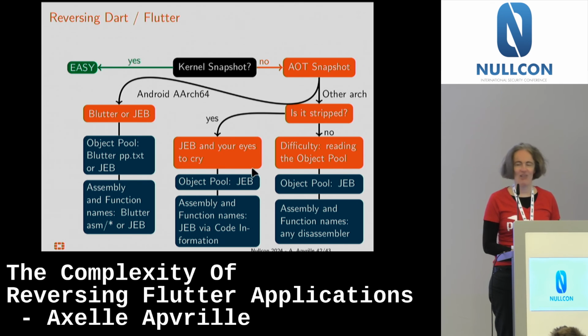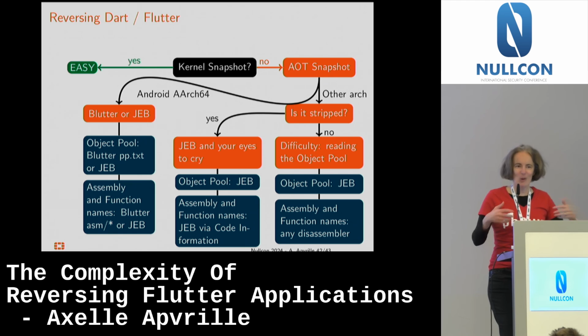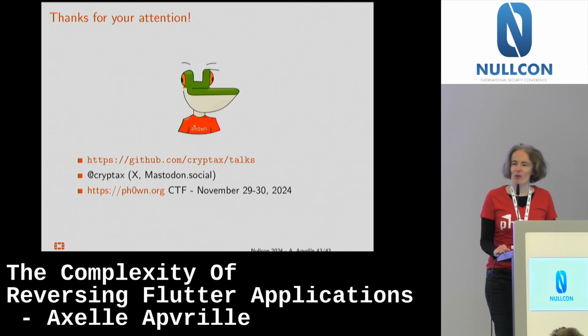I think I say that you just have your eyes to cry. I have no solution for you yet, okay? Hopefully all tools, all disassemblers, IDA Pro, Binary Ninja, Radare, and everything, are going to tackle this problem and help us disassemble those malware. But for now, it's very painful. And thank you very much for your attention.